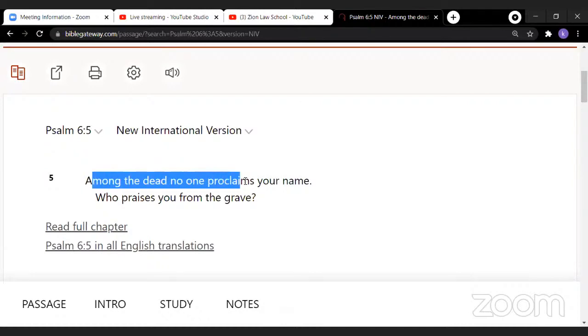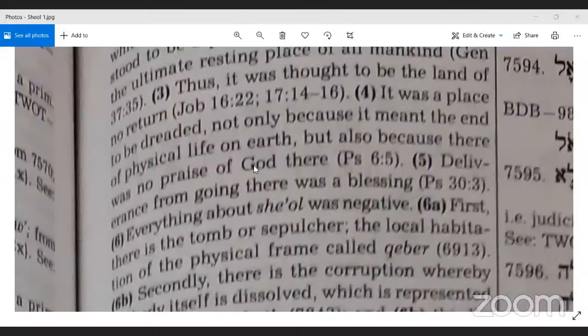Okay, that's what the psalmist is saying. And that is not true. Why not? Because you have family that will still praise your name. I think it's a reference to the Most High. Nobody is praising the Most High's name.